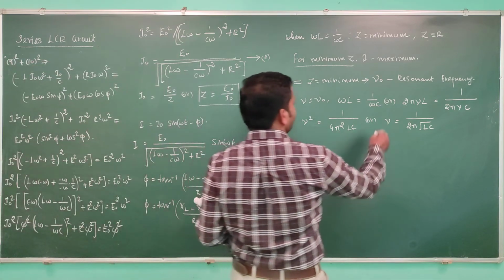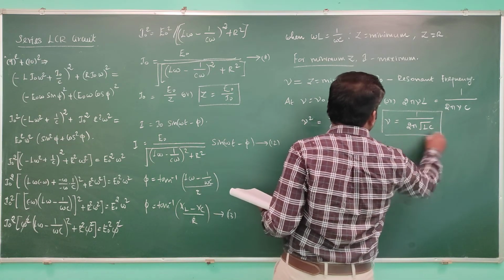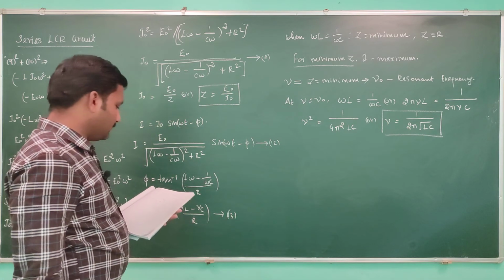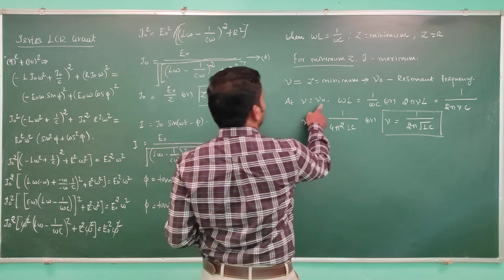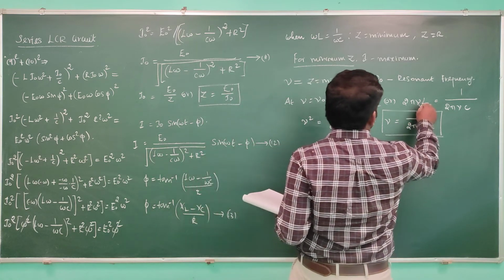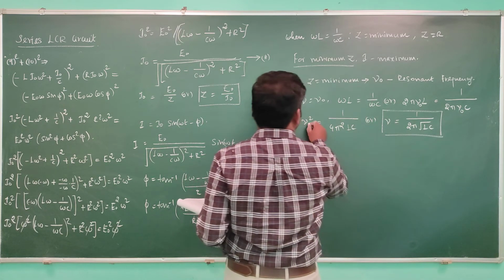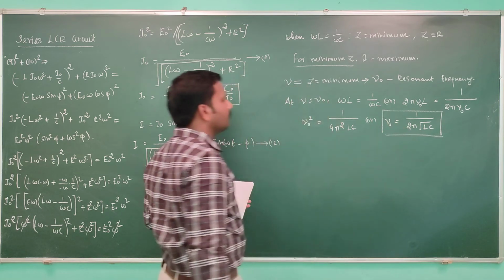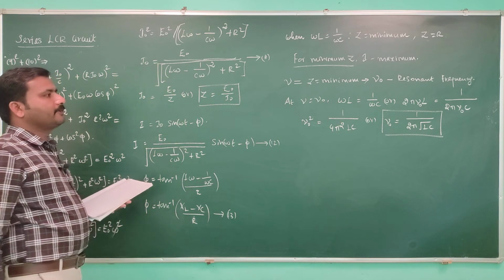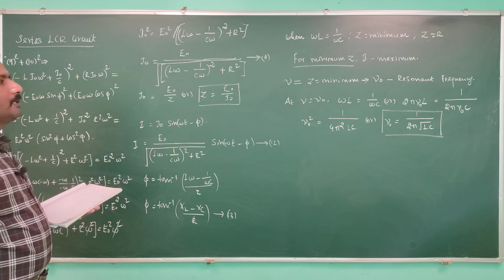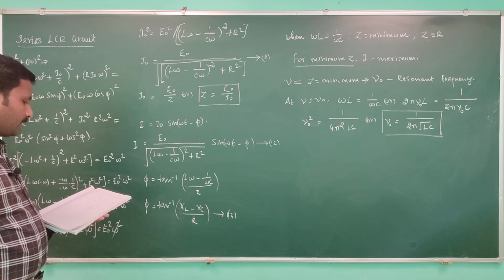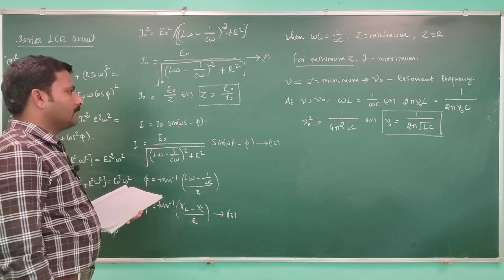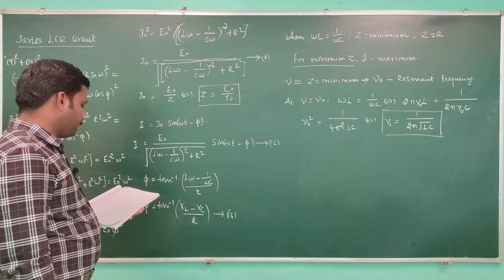So this is the equation. At nu equal to nu naught, nu naught is equal to 1 by 2 pi square root of LC, that is the resonant frequency. This is the equation for resonant frequency.